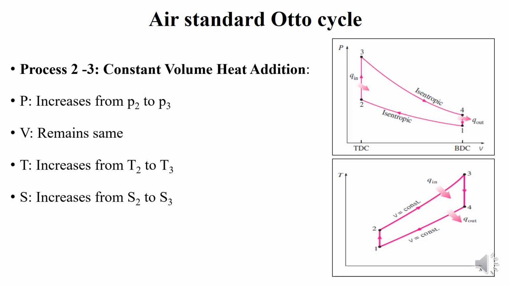Since it is a constant volume heat addition, your work done will become 0 because PV work will be 0 for a constant volume process, whereas Q is given by, remember, it is a constant volume process, hence we get the term CV, that specifies constant volume: m CV times (T3 minus T2).